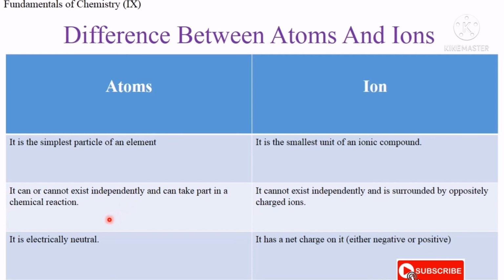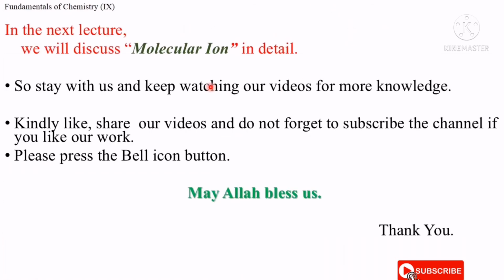Atoms are always electrically neutral, whereas an ion has a net charge on it by definition. The charge may be negative or positive. When an atom has a negative charge, it is known as an anion. And whenever an atom has a positive charge, then it is known as a cation, as we have learned.